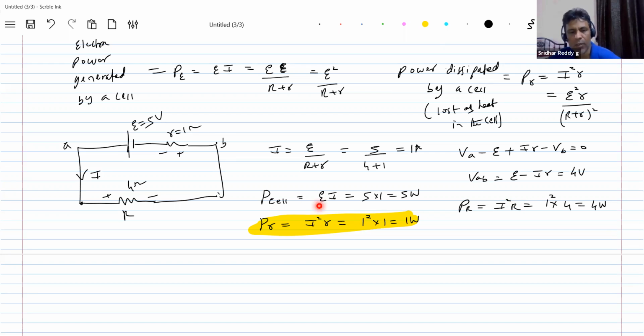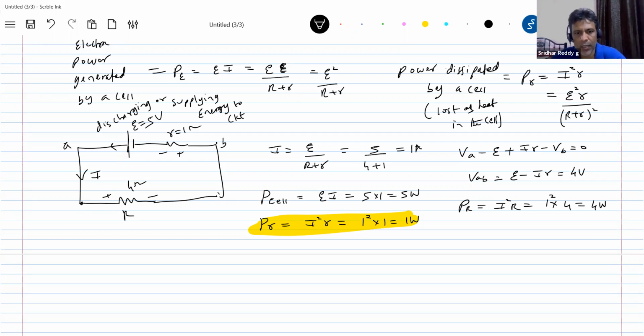If a current I leaves a cell, then we say it is discharging. You have to call it discharging, because it is supplying energy to the circuit.